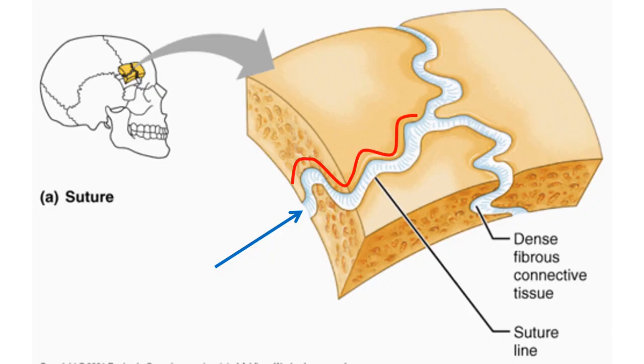It's not a straight line, and the area between the two bones is occupied by dense fibrous tissue connecting the bones, and because it is dense fibrous tissue, the bones are immobile. They do not move on each other, and this is what is special about bones of the skull, except the joint between the mandible and the skull.